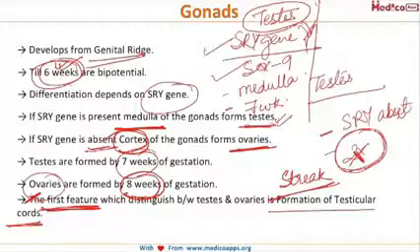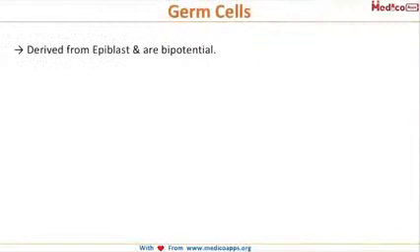Likewise, if this Y chromosome is absent, so the SRY gene will be absent and both the X chromosomes are present and RSPO1 and WNT4 genes are present, then at 8 weeks of gestation, the cortex of these gonads develop into ovaries.